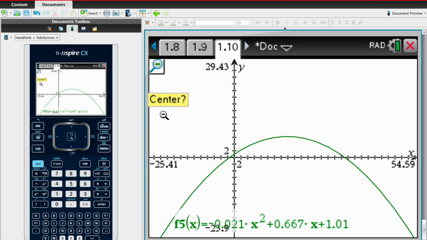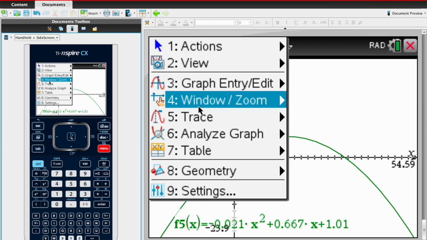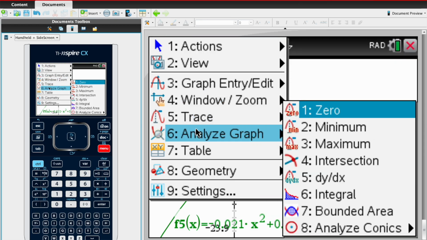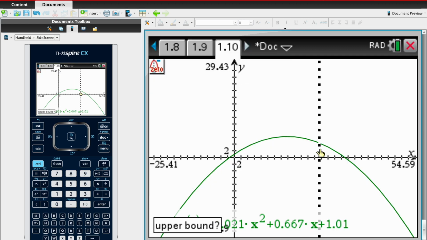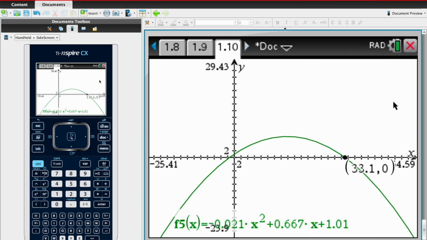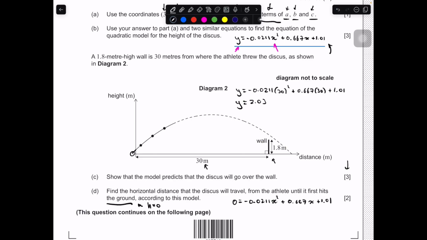There we are. And then let's find, I want to analyze graph and find the 0. So at 33.1 meters, let's go back to the document. X is equal to 33.1 meters.